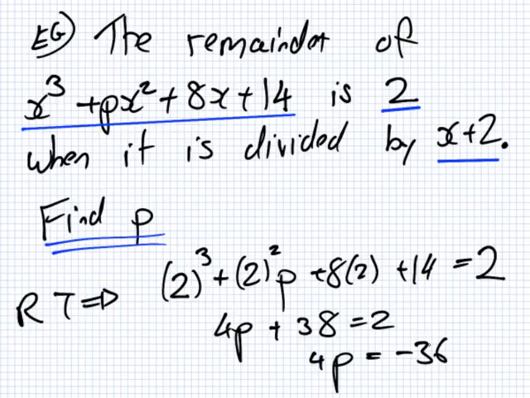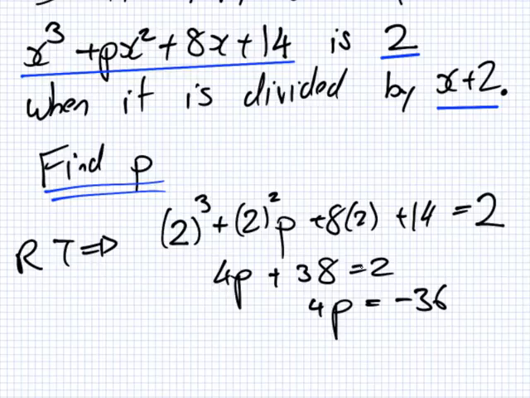Why did we not switch to negative 2? What's negative 2? This is wrong. Oh, sorry. Plus 2. I should have put in minus 2 here. Thank you. Yeah. So it's just the 38 here I need to change.